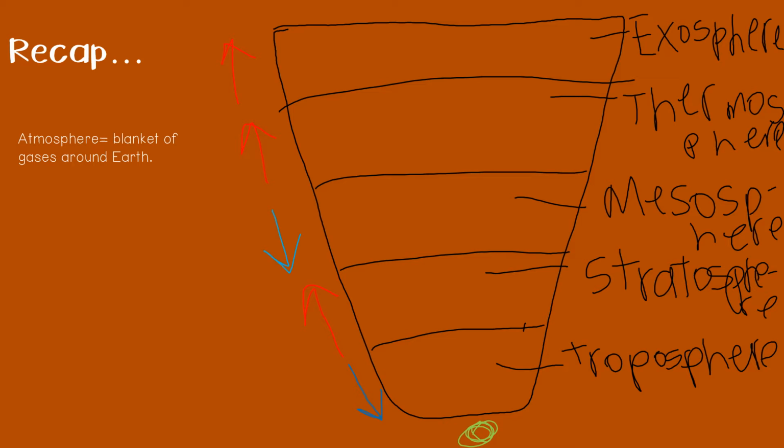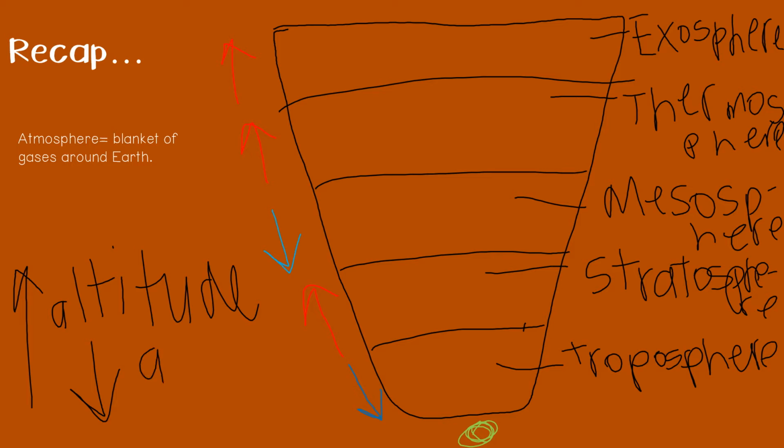As we go higher in altitude, what happens to the air pressure? We know that air pressure decreases. What that means is that it's more difficult to breathe. We wouldn't be able to breathe in the exosphere. We would have to have those fancy little helmets that the astronauts wear.